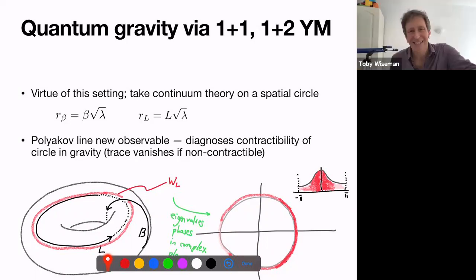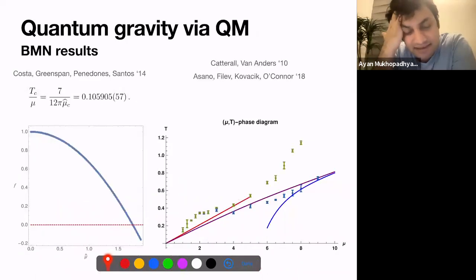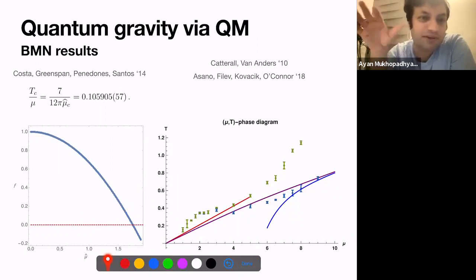Okay, fine. So the question is, maybe you're going to mention it again later, about this fuzzy sphere. So you expect that on the matrix model side, you would get fuzzy spheres at low temperature, and then you model it on supergravity.